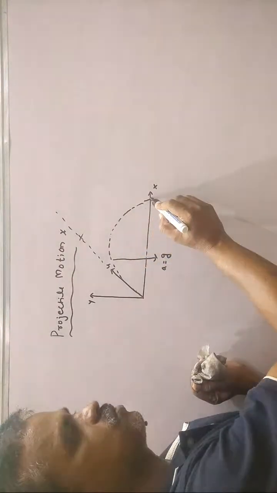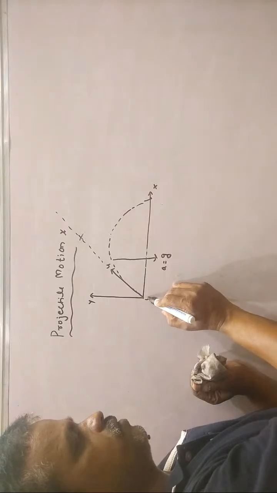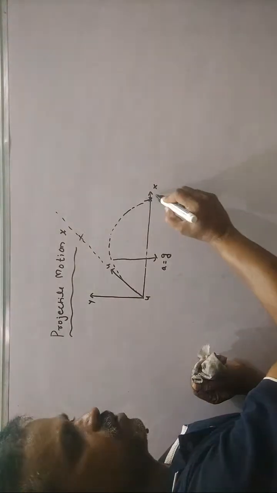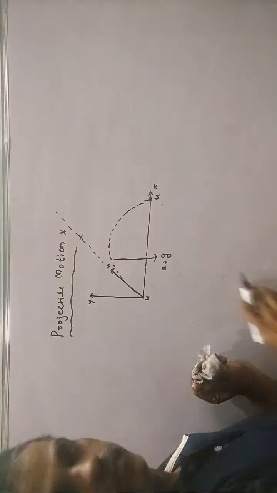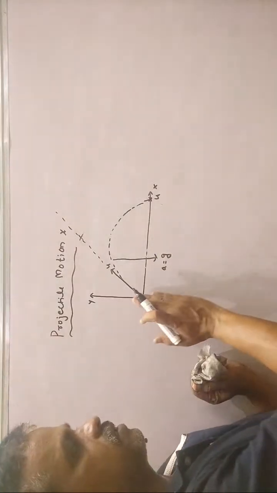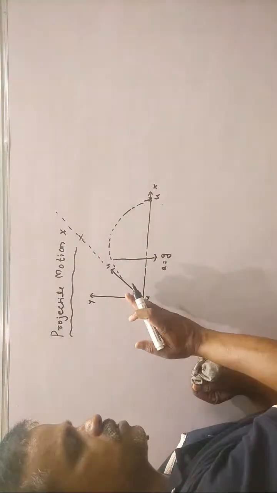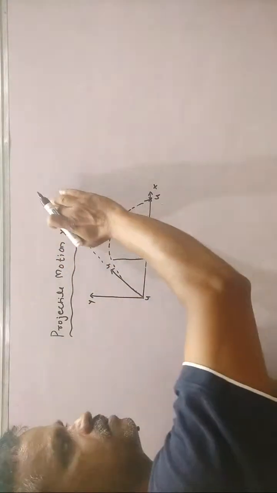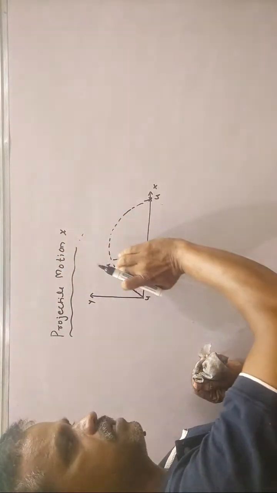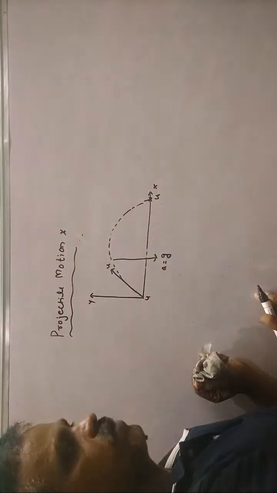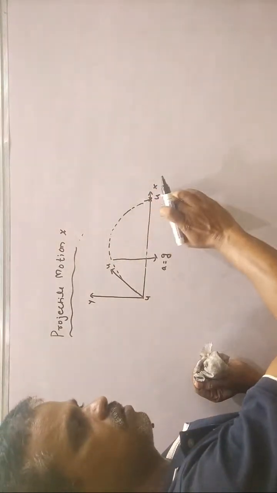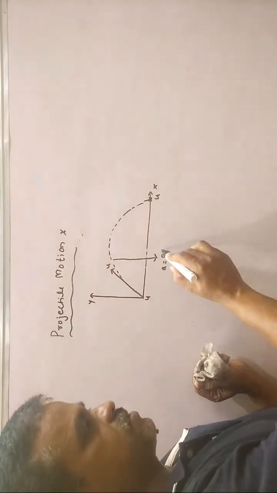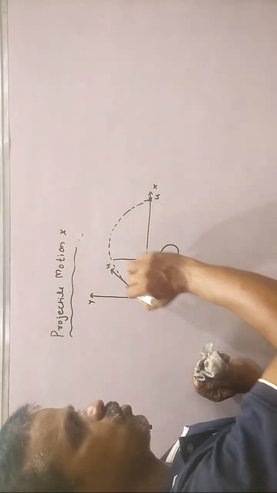Finally it comes to the ground. It starts with initial velocity u and comes to the ground. Generally if we project with an initial velocity, it has to move like this, but it won't. It will change the velocity direction and come to the ground. The constant acceleration will act throughout the journey.